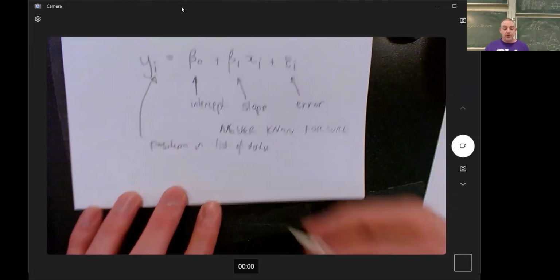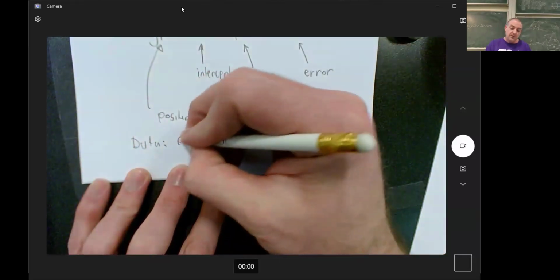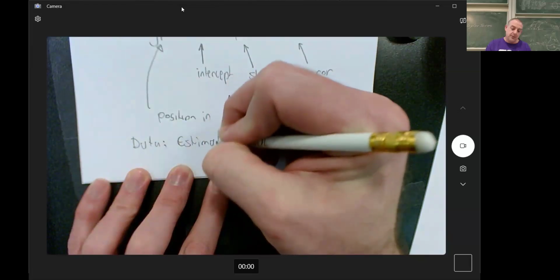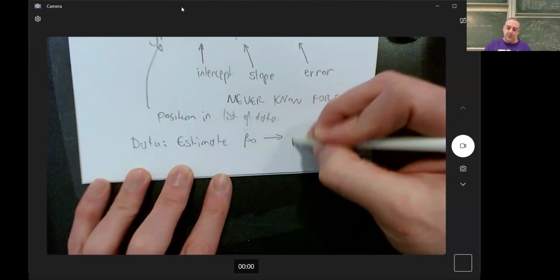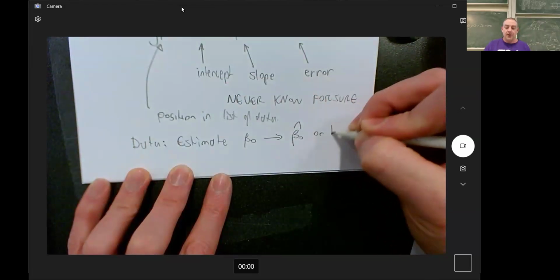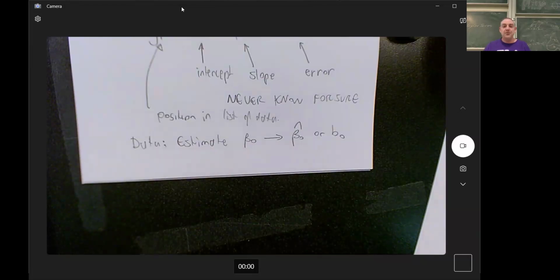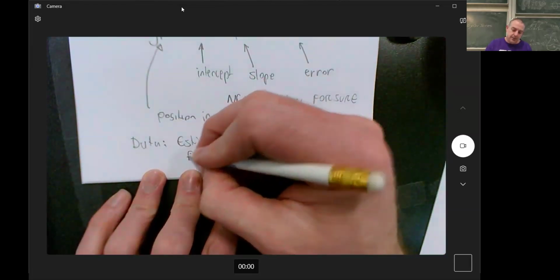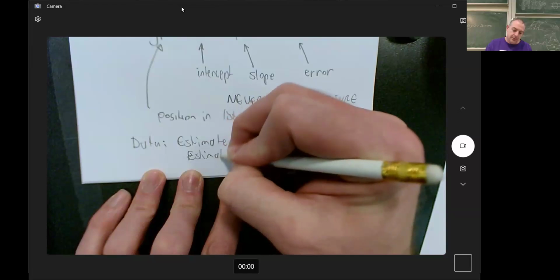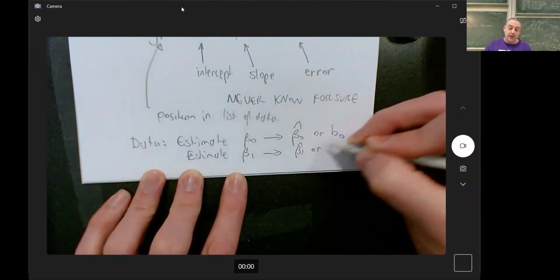And then what we're going to do is we're going to get the data and we estimate beta naught, and that gives you a beta naught hat, or if you like, a little b naught. Your lecturer seems to use both. And we estimate beta 1, and that's beta 1 hat, or if you like, little b1.